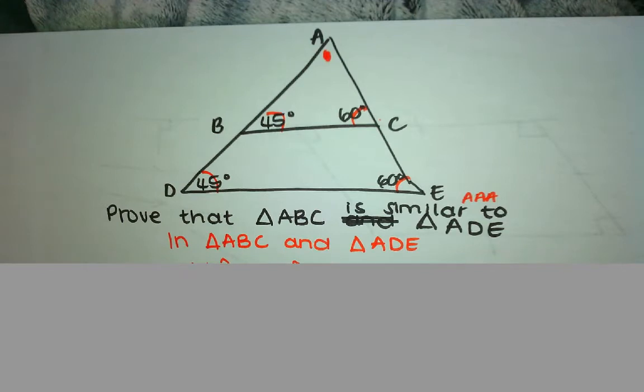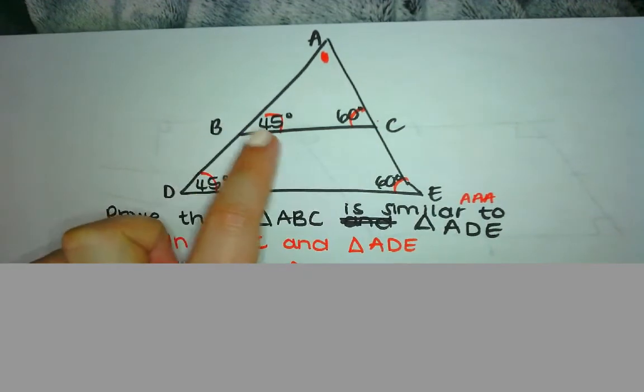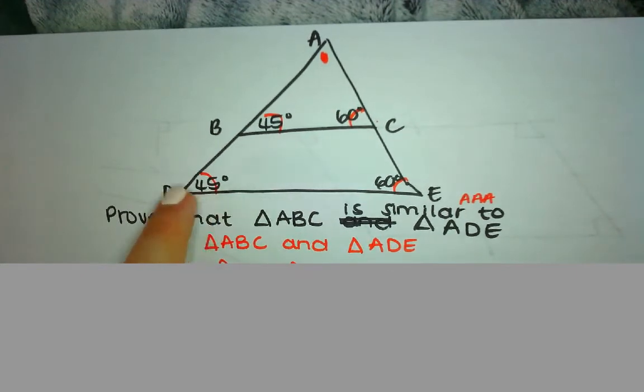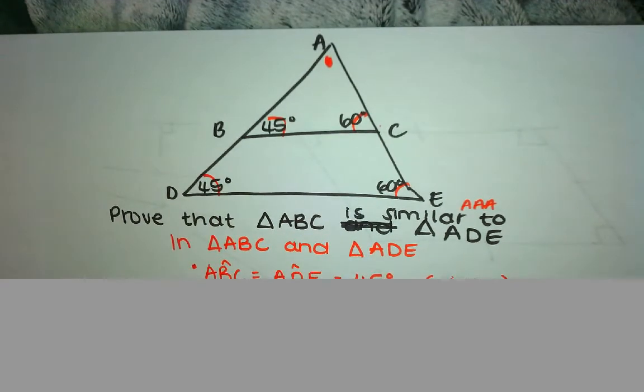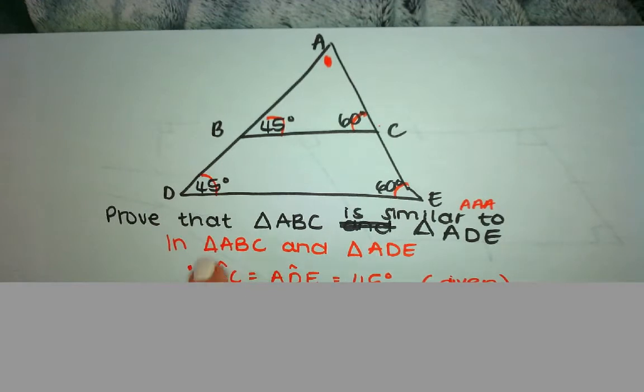Okay. We're going to find the reasons why the angles are equal to each other. So we've got this angle 45 degrees at B in the small triangle, and this angle D in the big triangle is 45 as well. So we're then going to say angle ABC is equal to, remember B is the angle, so we put a hat on that angle over there.